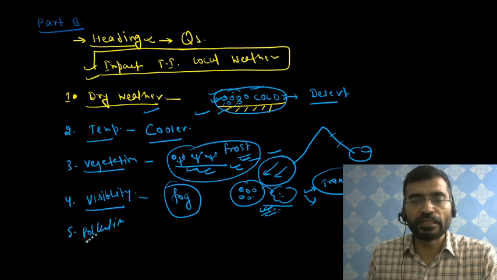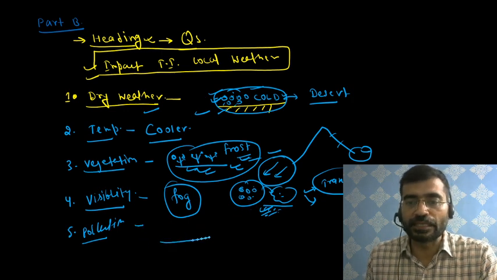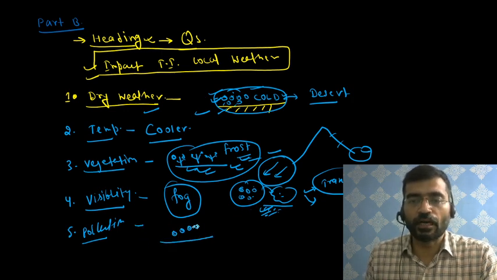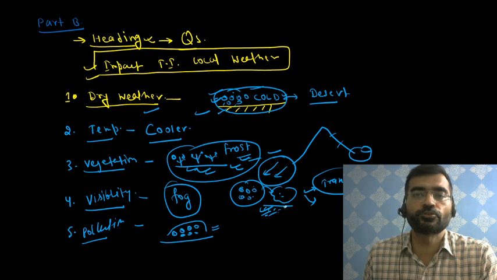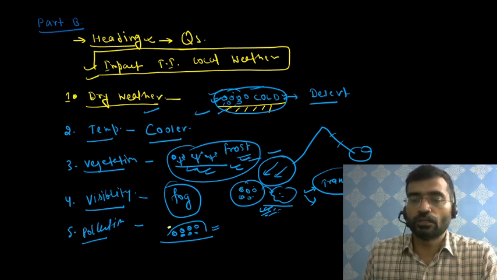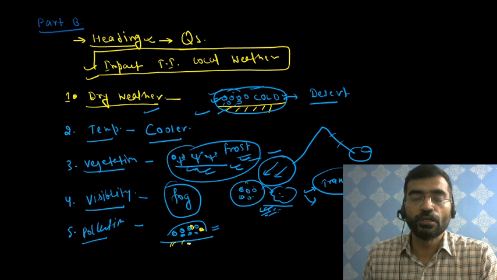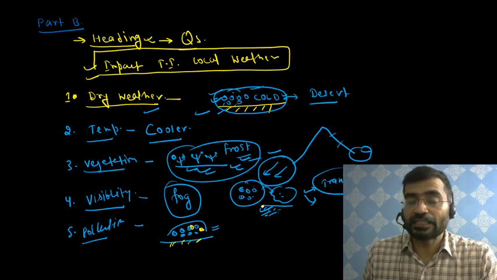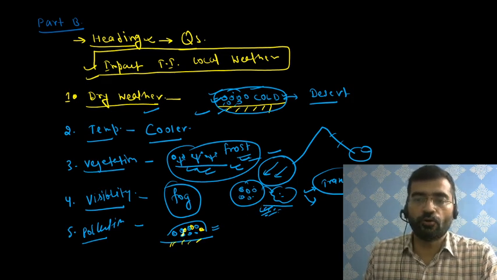Again, the next part, what about pollution? You know very well what I discussed, that cold air is quite stable and hardly moves from one place to another. If there is emission of carbon dioxide, nitrous oxide, sulfur dioxide, all will be blocked by the cold air, and that is the case of inversion.